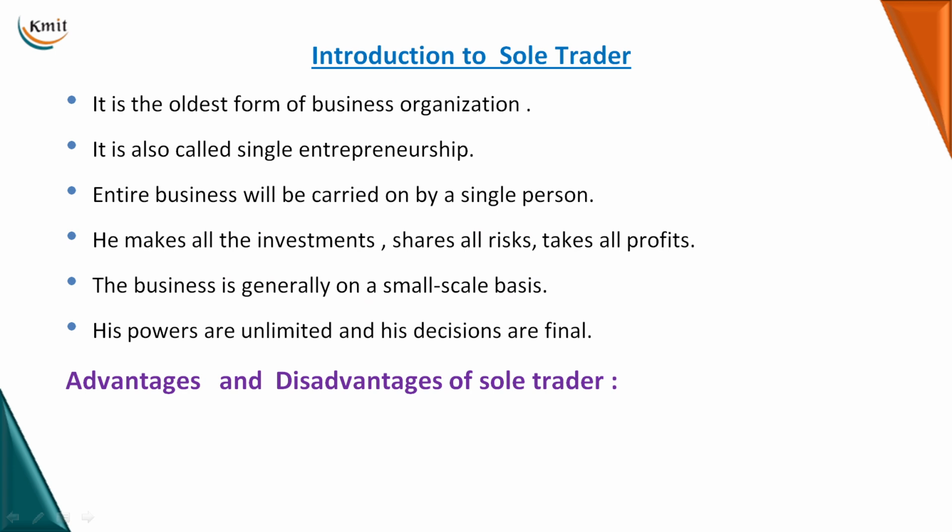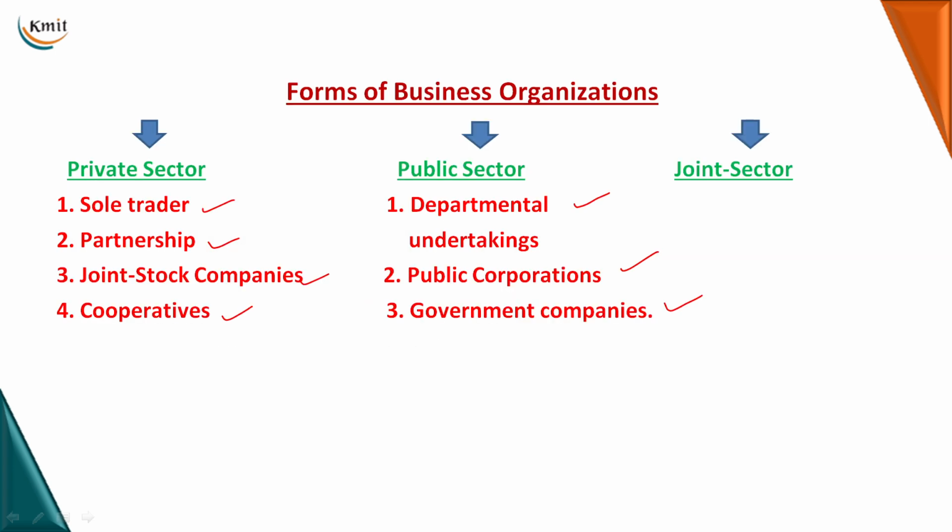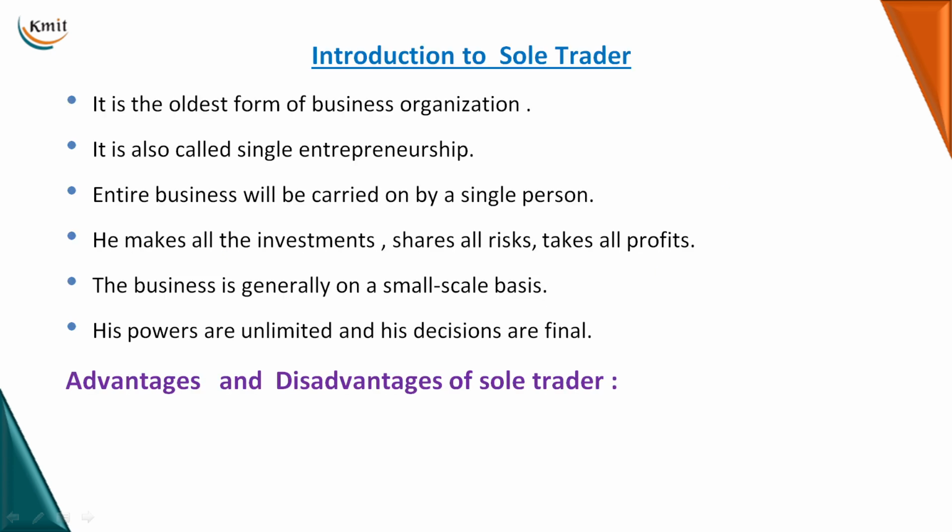To begin with the first form of business organization under the private sector, that is the sole trading concern or sole trader form of business organization. So the introduction would be, it is the oldest form of business organization, or the traditional method of doing a business.